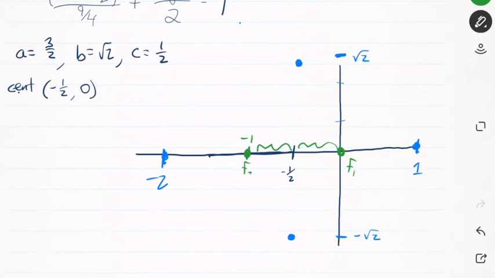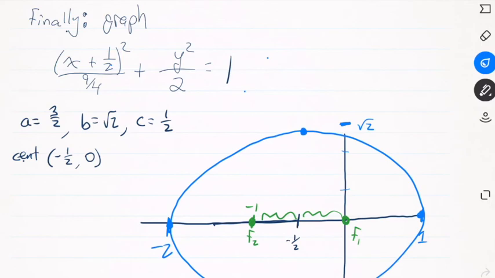And this is focus 2. And then my picture of my ellipse would go through these points. And that's the graph of the ellipse, which is the same thing as r equals 4 over 3 plus cosine of theta. So this picture is 4/3 plus cosine of theta. Not a perfect picture, but decent enough.